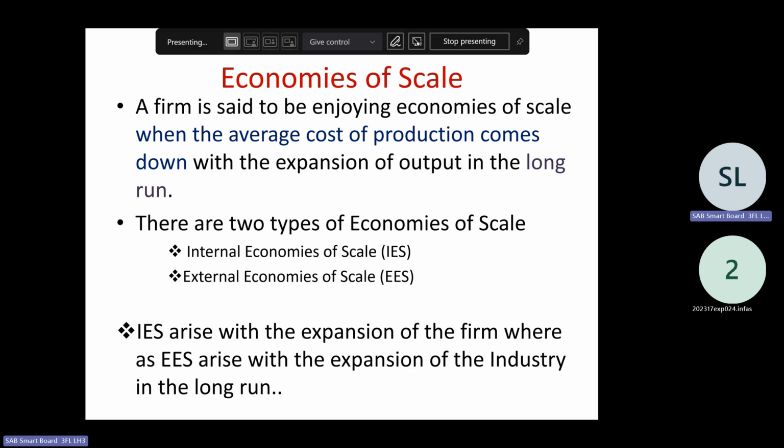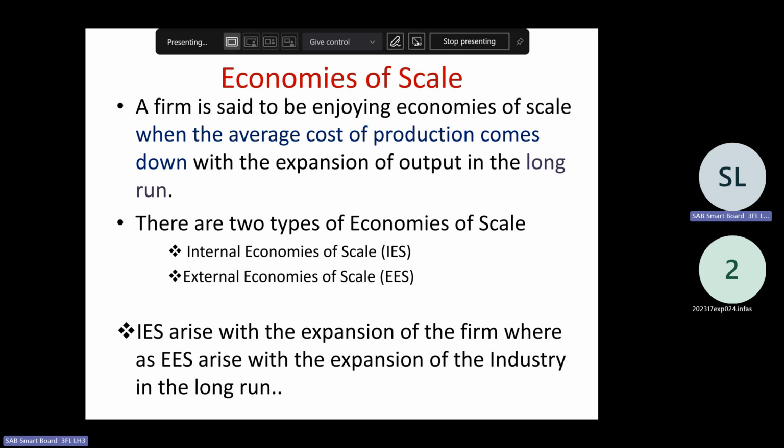Simply, the internal economies of scale talk about the expansion of the firm in the long run, the scale of the business, as we discussed. They rise with the expansion of the firm. Those are the benefits passed to the organization with the expansion of the business itself.